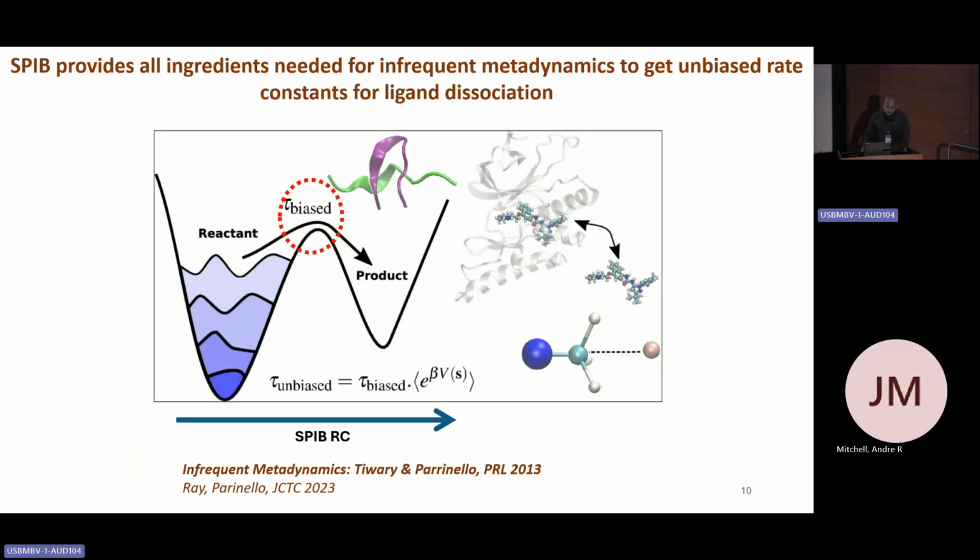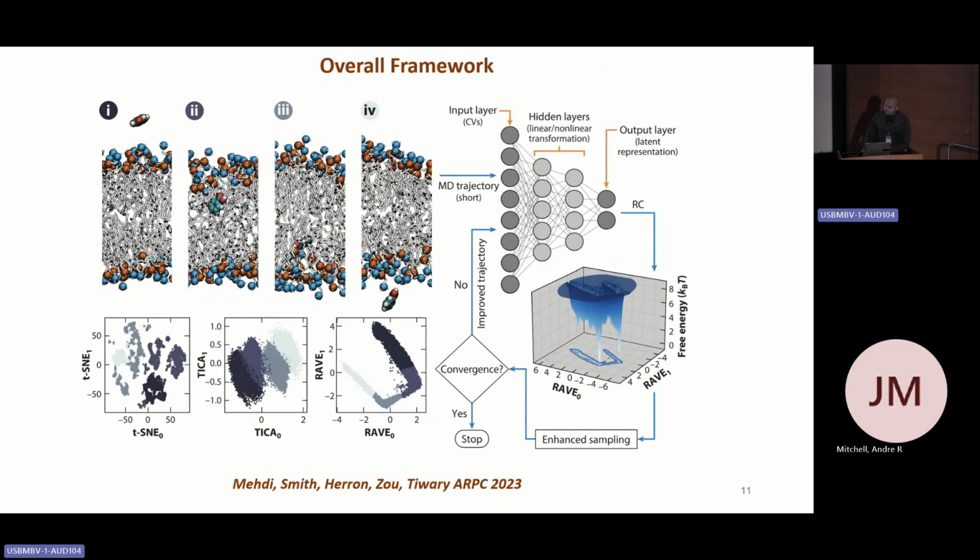We can extend this framework to infrequent metadynamics by simply using the theory that was developed more than 10 years ago, where we can run biased sampling, estimate biased residence time, and get back our unbiased estimate of residence time. So this is our overall framework. I'm showing an example of a drug permeation problem where we pass a trajectory, train our machine learning model, do enhanced sampling, and iterate if necessary.